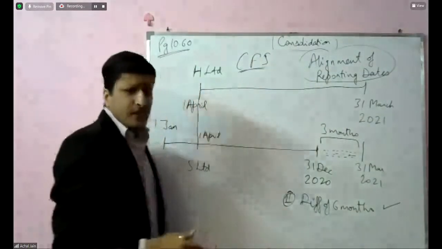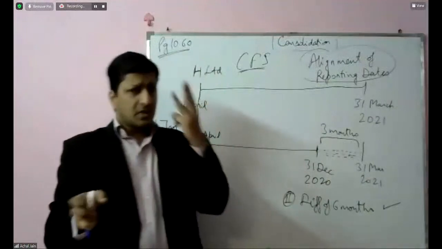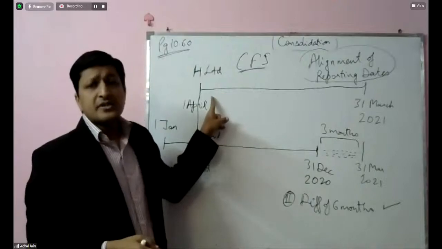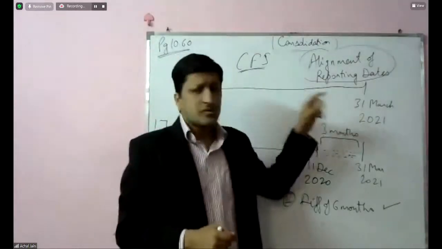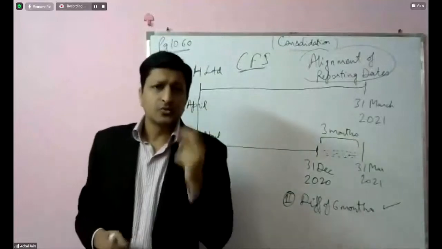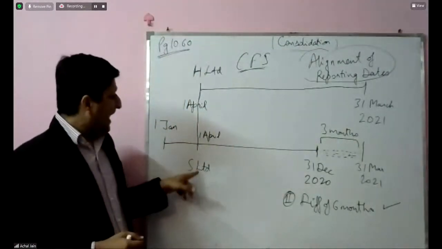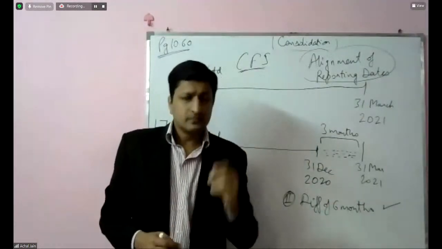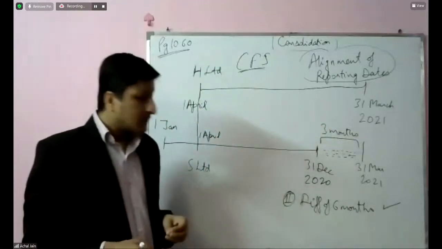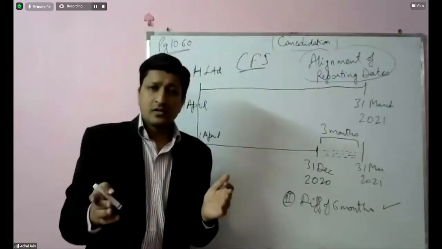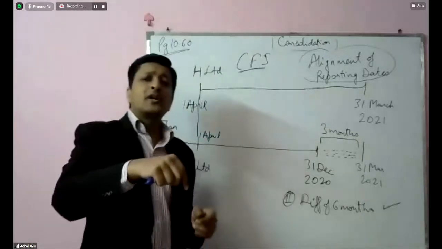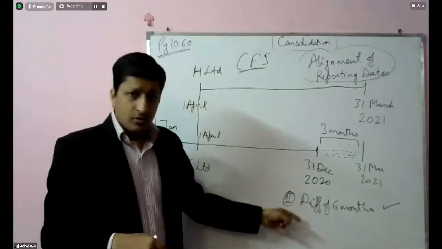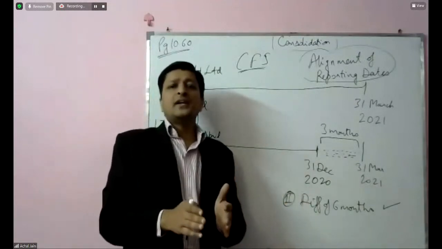So what will happen? CFS will pick up three things. First, financial statements of H from 1st April to 31st of March. Number two, financial statements of S with a difference of 3 months. Number three, those significant transactions which are not reported in the financial statements of S. These three things need to be captured.